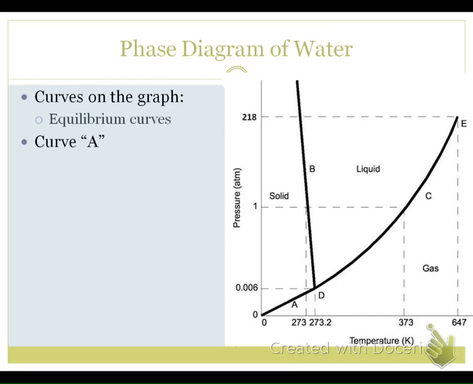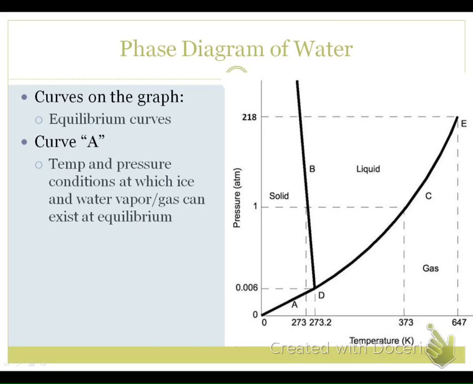Those are the two phases on either side of curve A. So what this is saying is that if you reach a spot along that curve, maybe you have pressure about here and temperature about here, that means that vapor or gas and solid can be at equilibrium at that point. So solids and gases can be at equilibrium if you're somewhere along this curve.